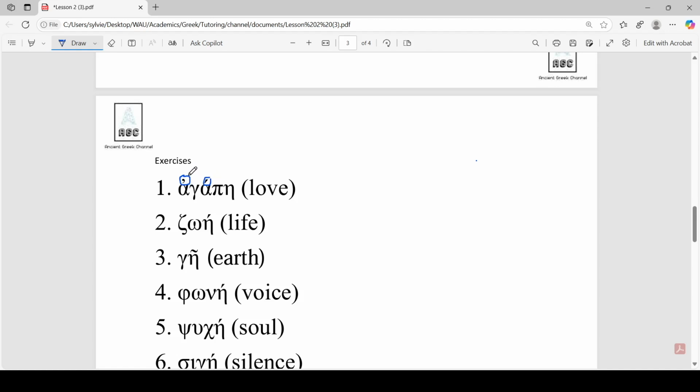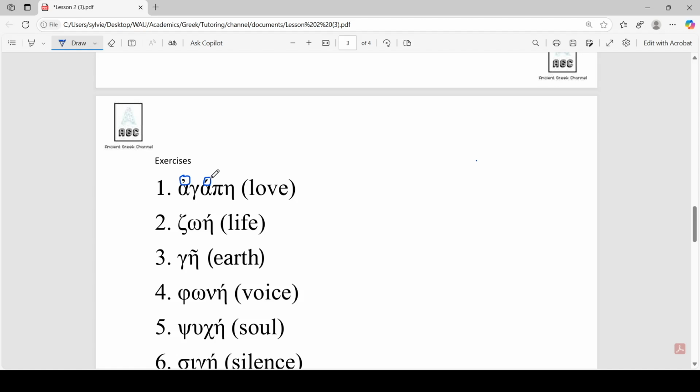Now let's identify the type of each of them. Which type of breathing mark do we have here? Well, it's a smooth breathing mark. Then it equals a mute H. While here we have an acute accent.